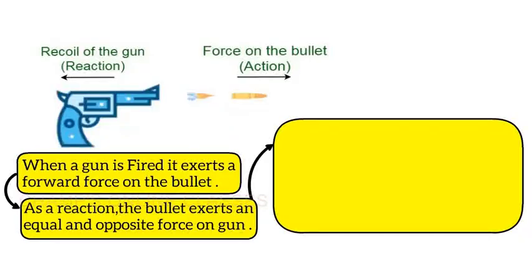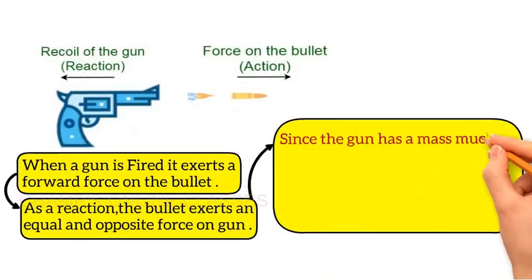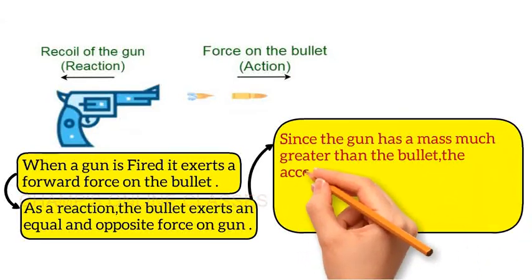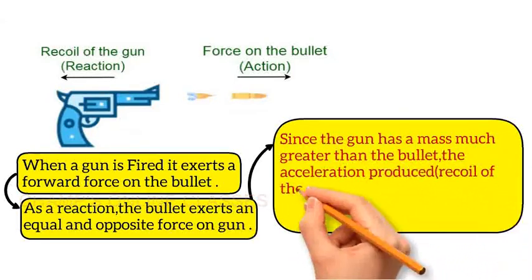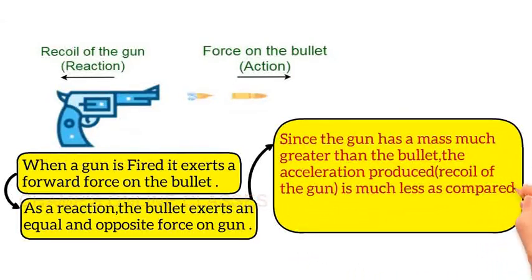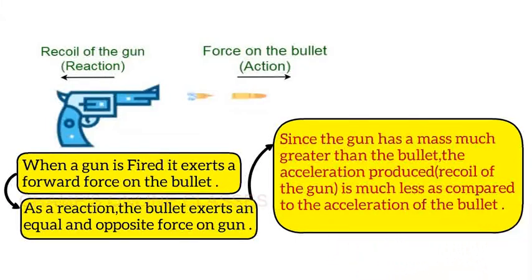Since the gun has a mass much greater than the bullet, the acceleration produced, that is, recoil of the gun, is much less as compared to the acceleration of the bullet. So here we can understand that if an object has more mass, the acceleration produced with a force of the same magnitude will be much less than for an object with less mass.